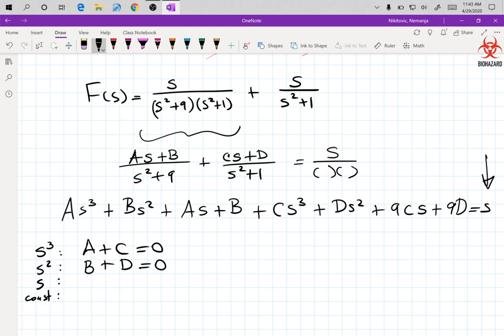And s, that's a and 9c is going to equal 1. And finally, constant b plus d equal to 0. So b plus d equal to 0, that's going to give us a 0 there, because 0 plus 0.